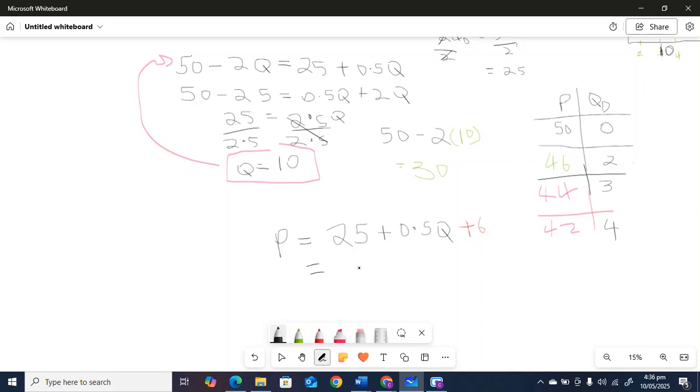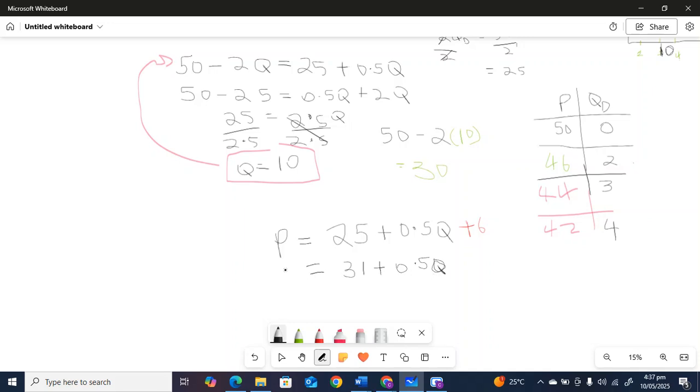So we now need to adjust the supply function. 25 plus 6, that is 31. The new supply function is 31 plus 0.5Q.